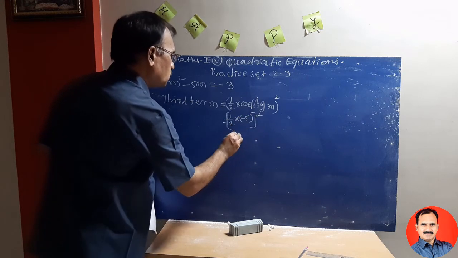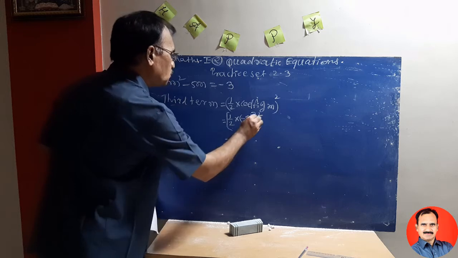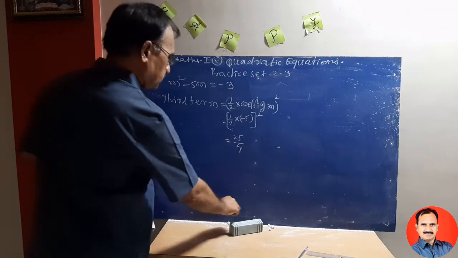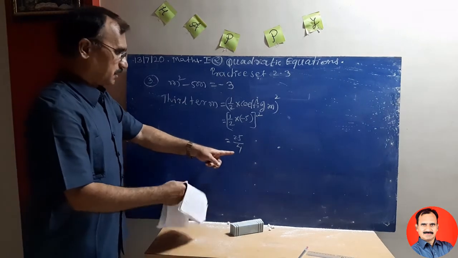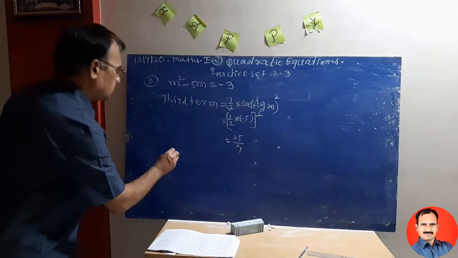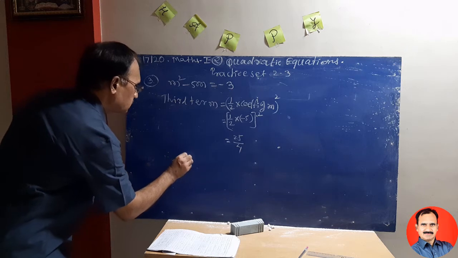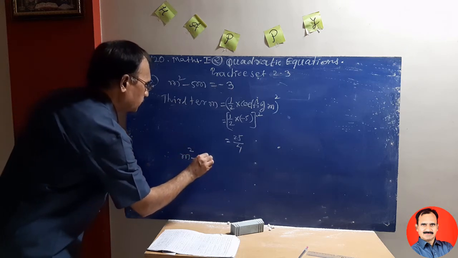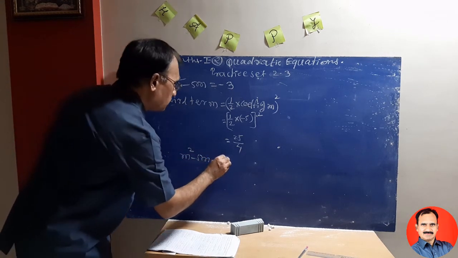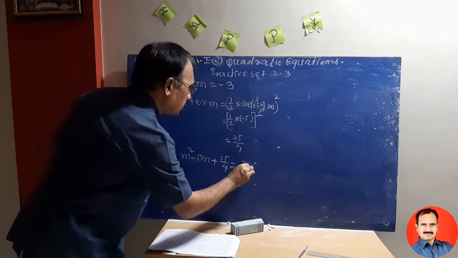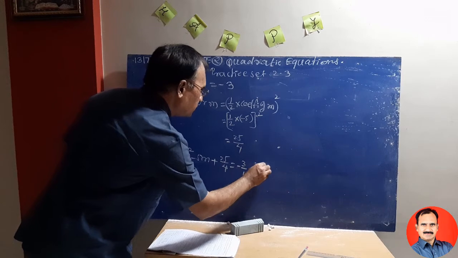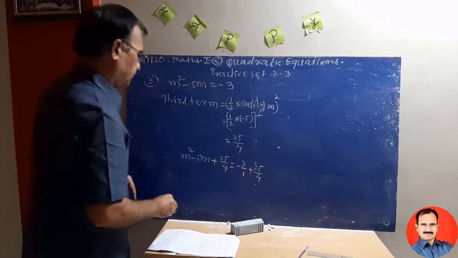Square of minus 5 is 25 and square of 2 is 4. This is the third term. Add this third term on both sides of this equation, and therefore m square minus 5m plus 25 upon 4 is equal to minus 3 upon 1 plus 25 upon 4.